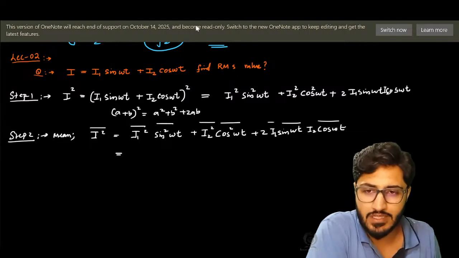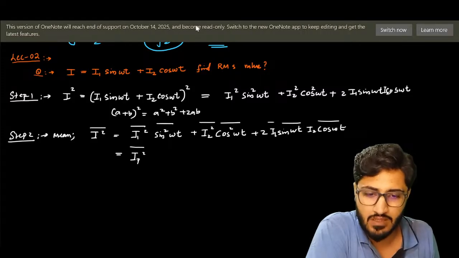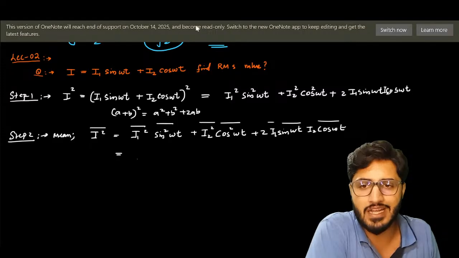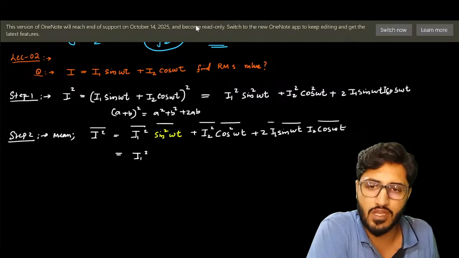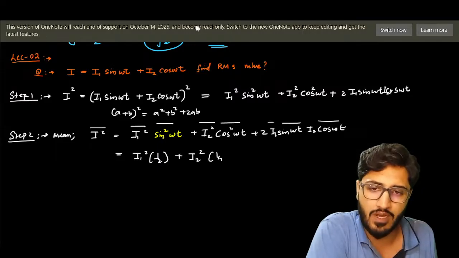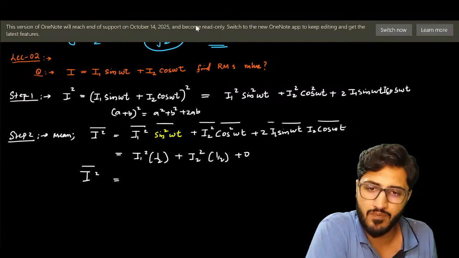Look now, what is I square mean? Sir, I square mean is I1 square only. What is the mean of sine square omega t? The mean of sine square omega t is 1 by 2, plus I2 square times 1 by 2, plus 0. So the mean came out to be 1 by 2 I1 square plus 1 by 2 I2 square.